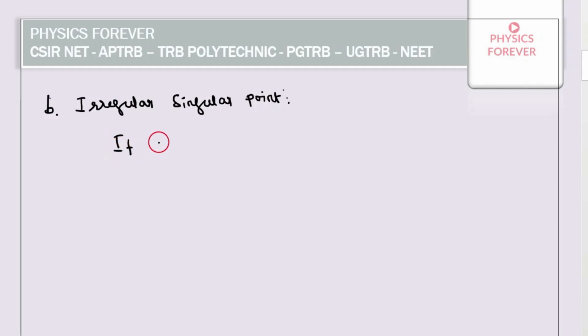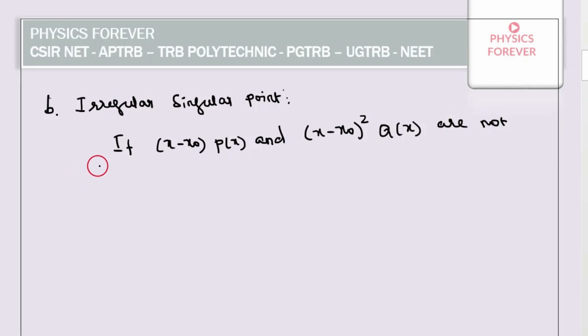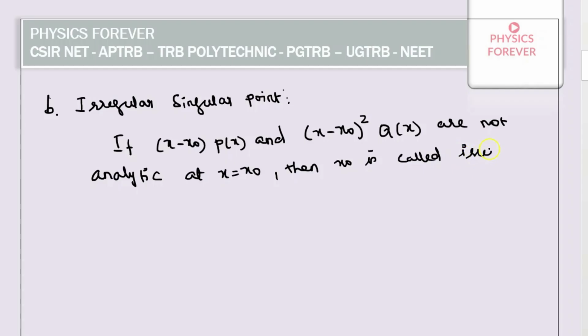If x minus x naught times p of x and x minus x naught whole square times q of x are not analytical at x equal to x naught, then x naught is called an irregular singular point.